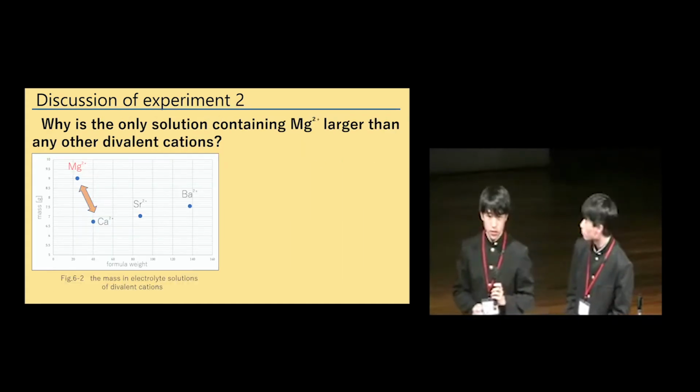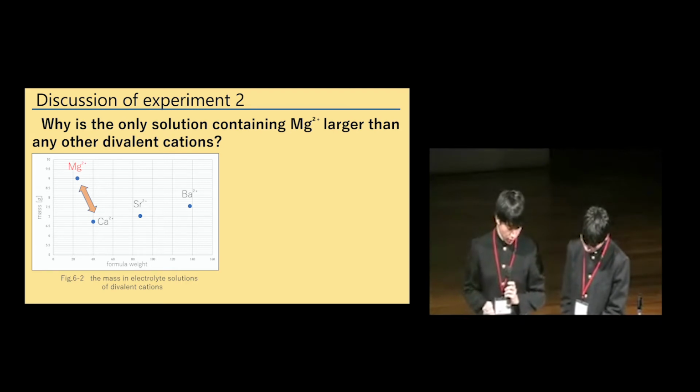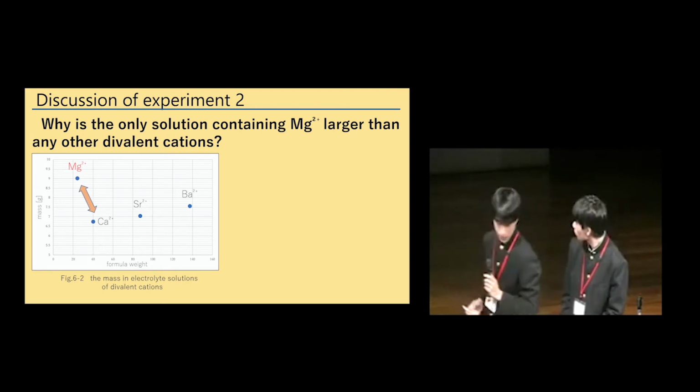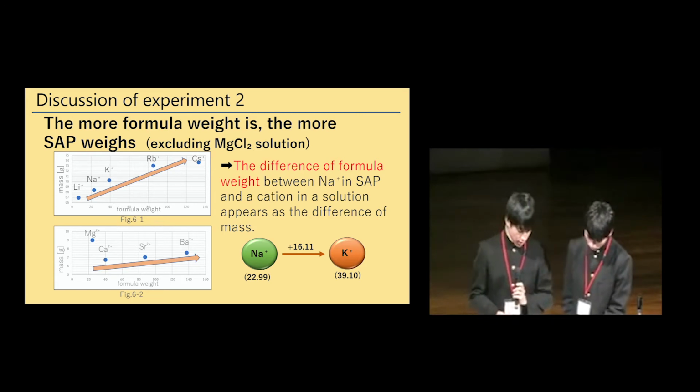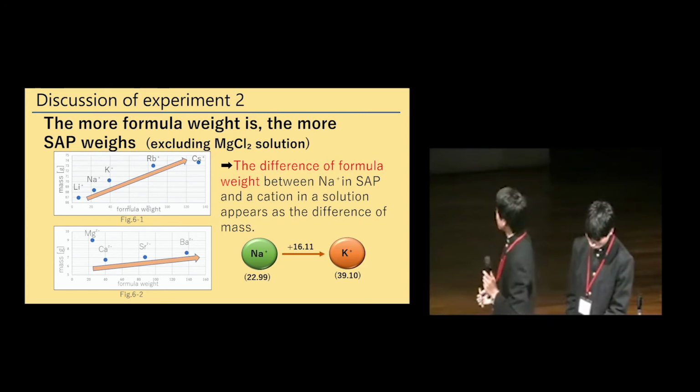The cations in the solution are exchanged for sodium ion in the SAP. So the difference of these cations' formula rate appears as the difference of the mass.